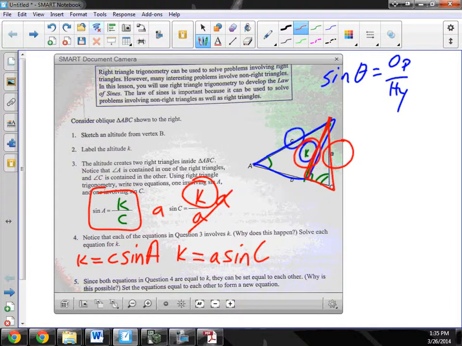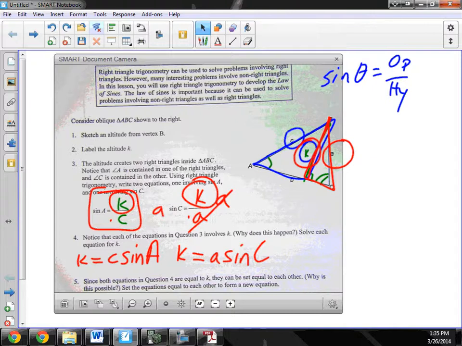Do you understand these ratios? All we're doing is getting K by itself. So C is divided, so we multiply it. And A is divided, so we multiply it, and I get K equals C sine of A, and K equals A sine of C.